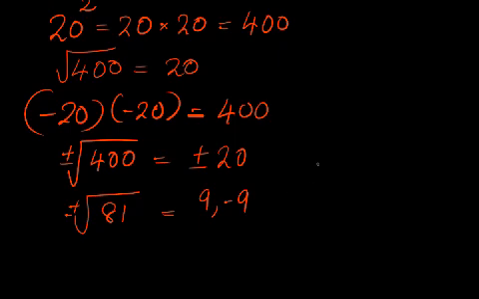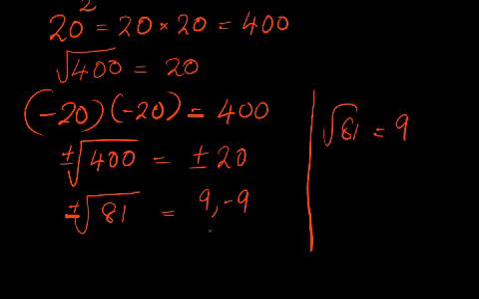Just root of 81 means we can write 9 itself. But when you see plus or minus square root of 81, it can be either 9 or negative 9.